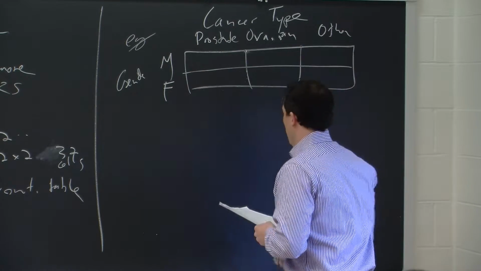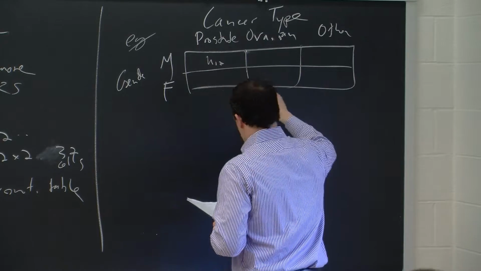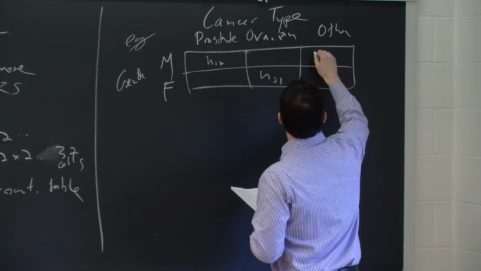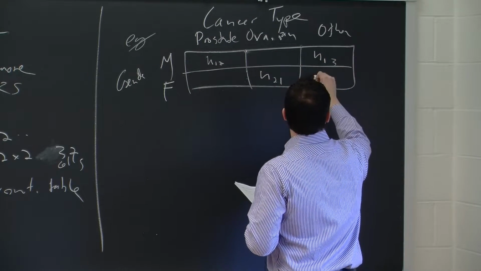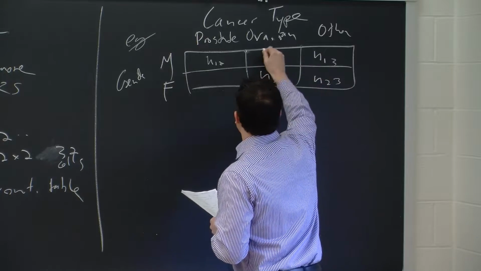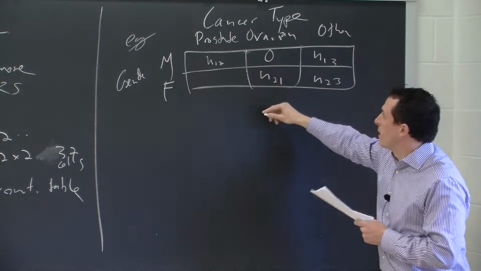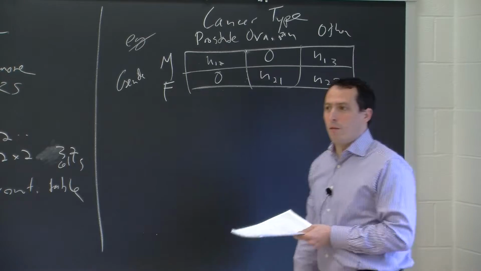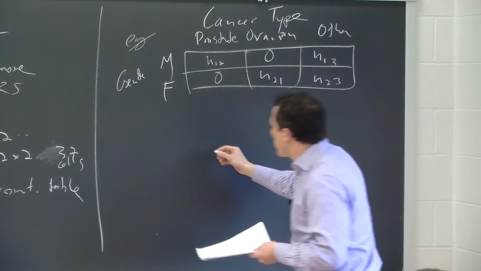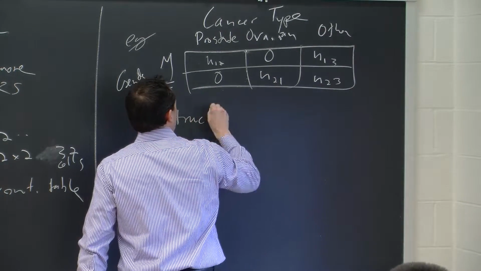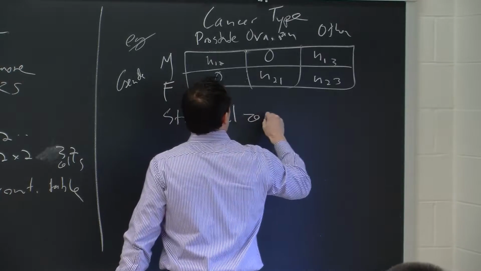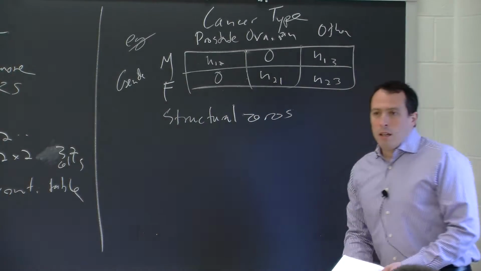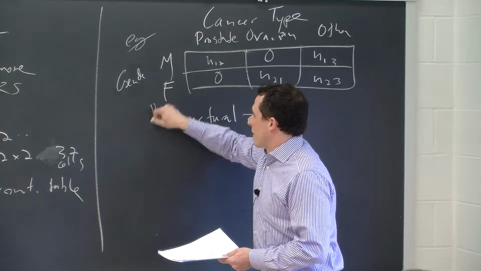And we have a number here, and here, and here and here. But men can't get ovarian cancer because they don't have ovaries, and similarly for women. Right? So these zeros would be structural zeros. That's the name for them, whereas that's a sampling zero.